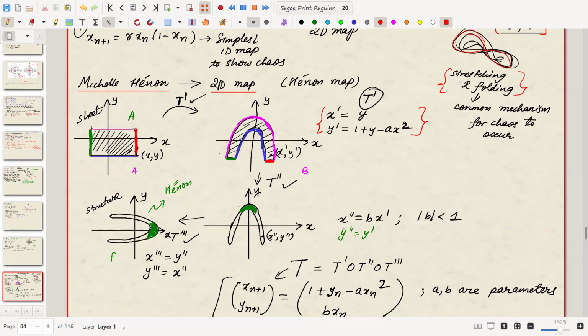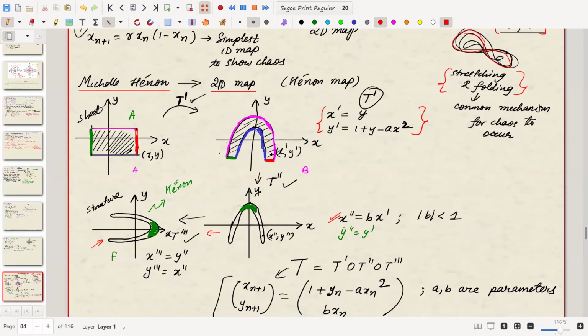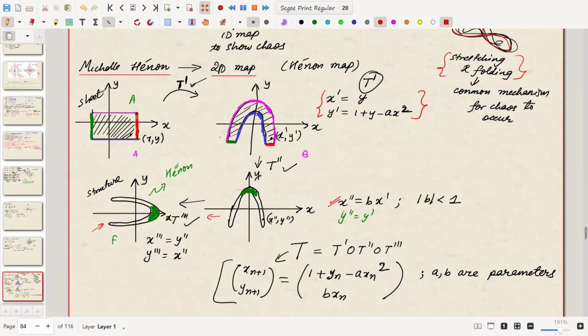We only contract in the x direction, so the only change is in the x direction. The y is the same: y double prime equals y prime. After that, just rotate it, and you get this. This is what is known as the Henon attractor, a chaotic attractor. The composition of the maps T prime, T double prime and T triple prime gives us this final output.